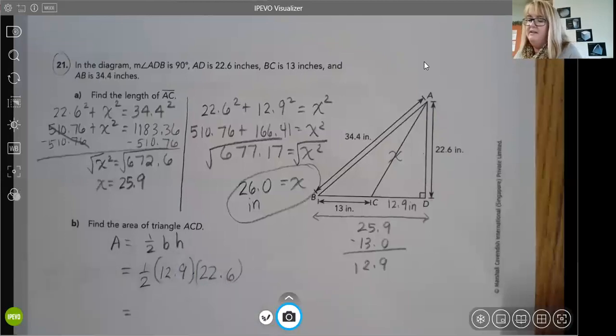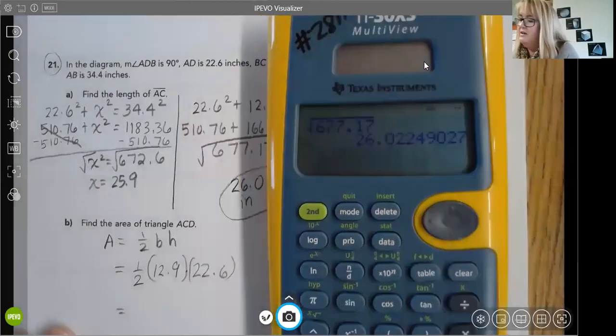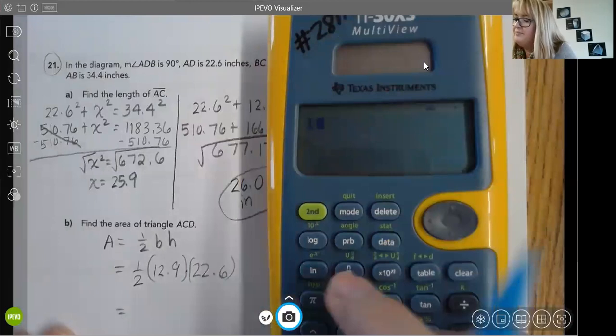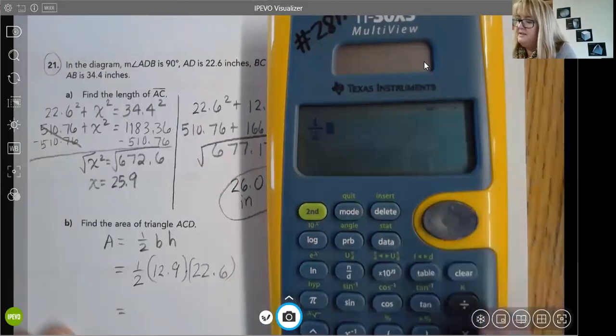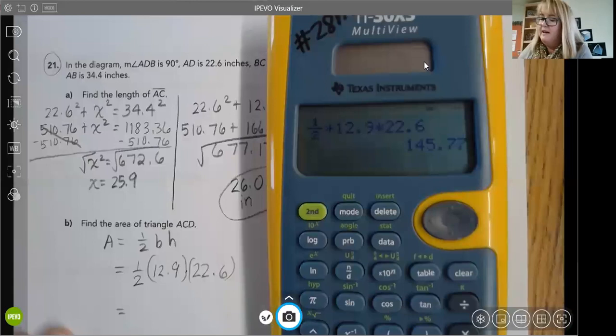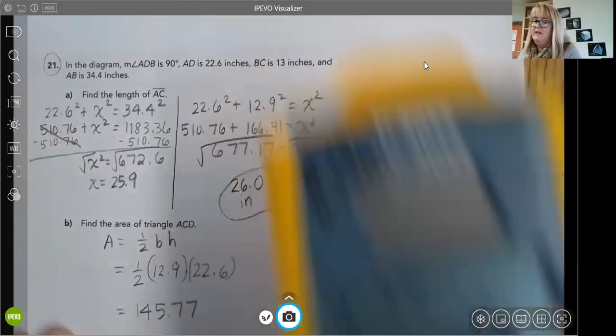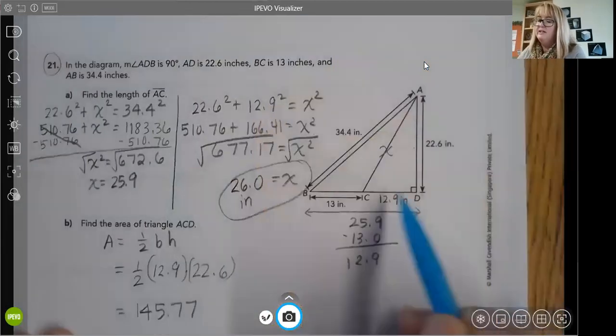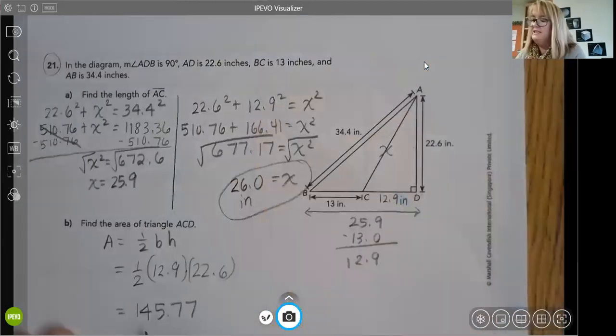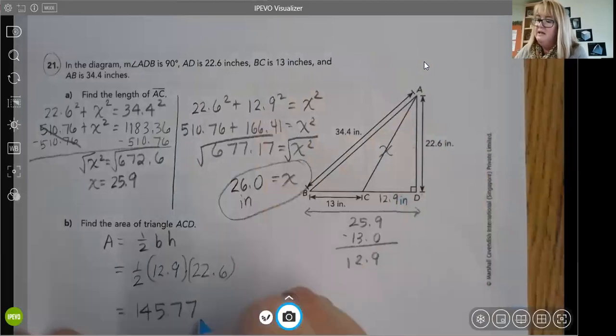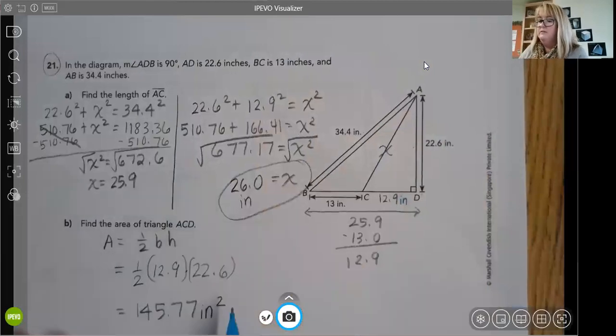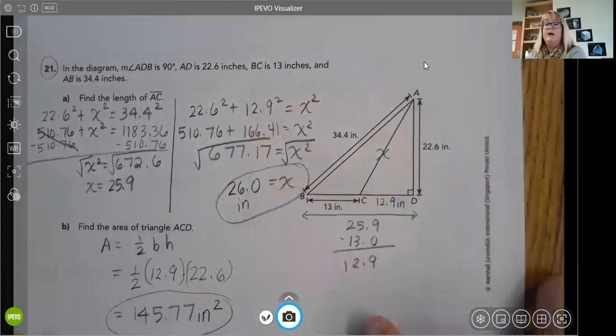So 1/2, and it's kind of a mess, but our calculator can figure this out. 1/2 times 12.9 times 22.6 equals 145.77. So the area of the small triangle is about 145.77 square inches.